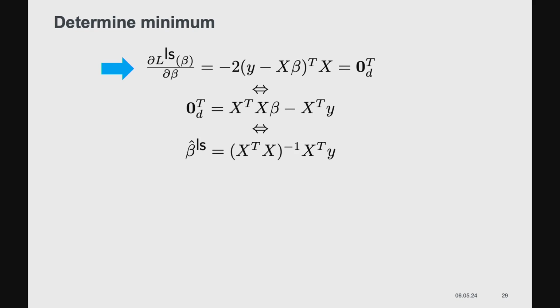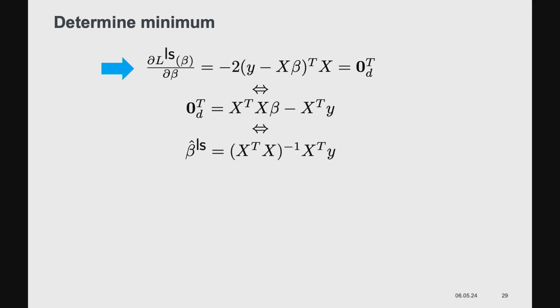So we write it like this, just multiplying here. Then this is the same as this. And if we now solve it for beta, we bring this part to the other side. This is this part. And then we multiply on the left with (x transpose x) to the power -1.